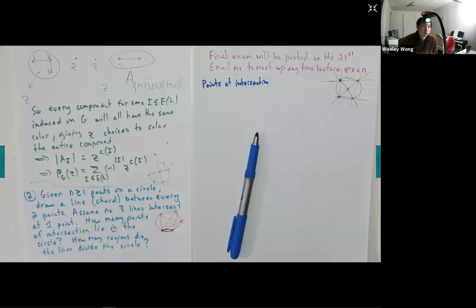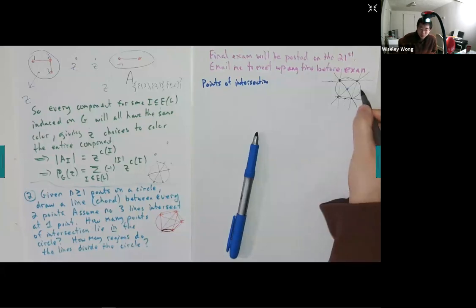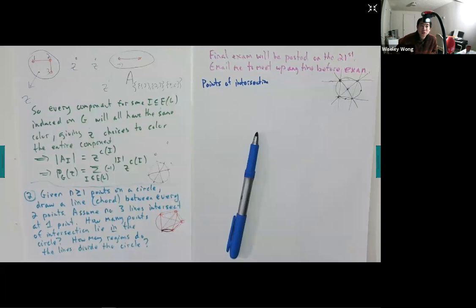Therefore, every single 4 points on the circle, any 4 that I pick, will uniquely determine a point of intersection inside the circle. And clearly there is no ordering. Once you tell me there are 4 points, when I draw these 6 lines, it's going to create 1 point of intersection inside.